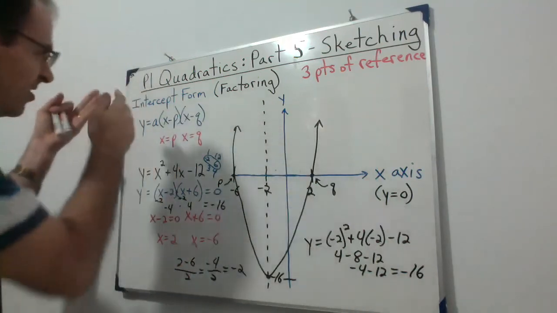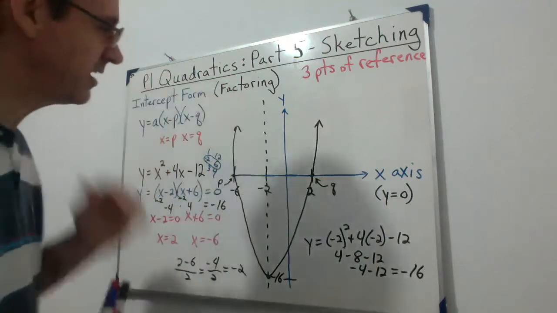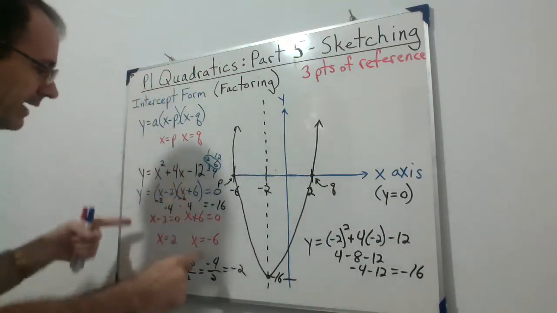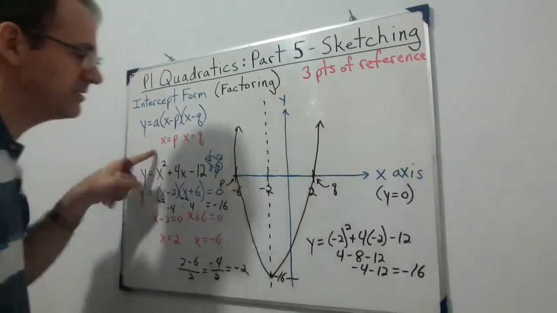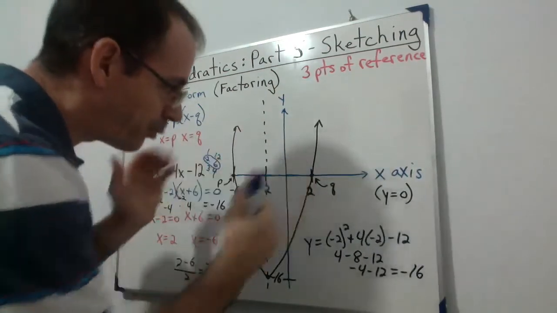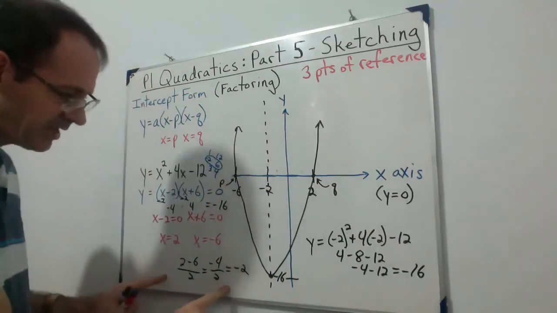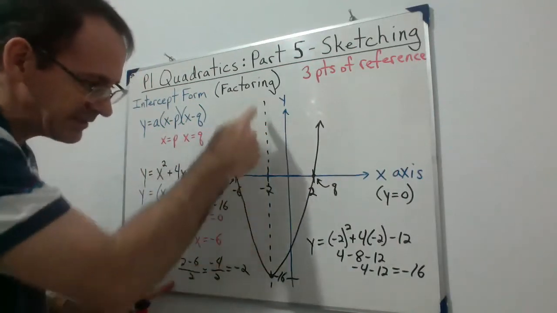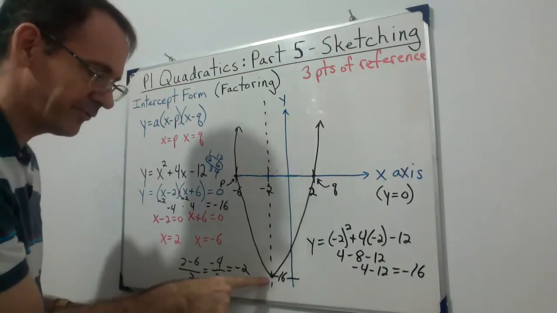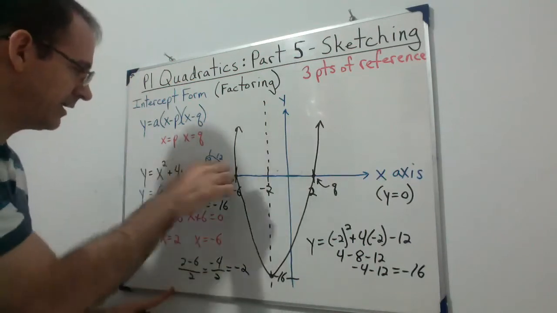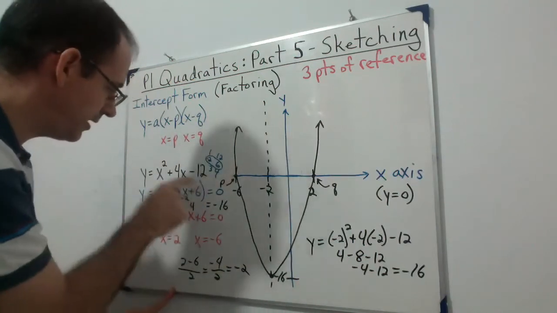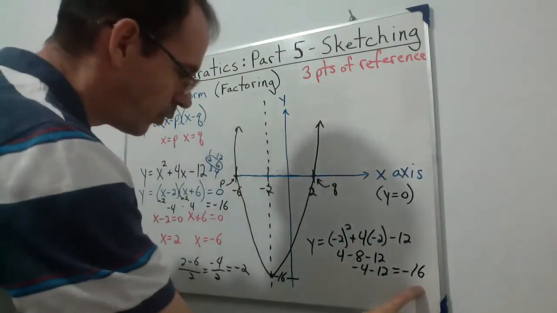So here is the intercept form based on factoring. It automatically gives you 2 of the 3 points of reference, which are very important points because they're on the x-axis. Very easy to take the midpoint to find your x-value for your vertex. Then you just plug it in either to the equation or to the factors to find the y value.